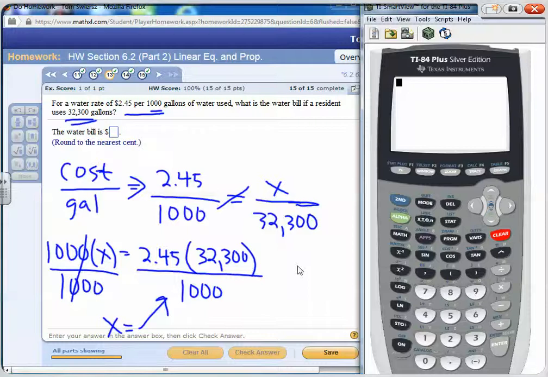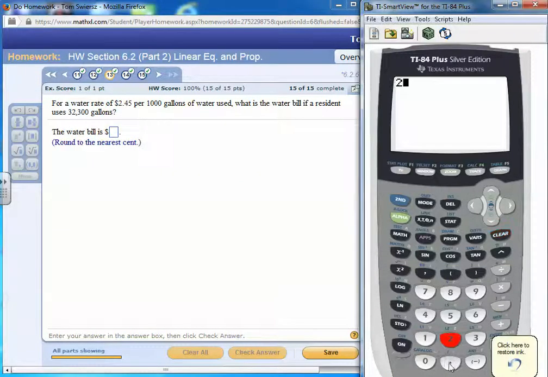We'll do that last step using the calculator. 2.45 times 32,300 divided by 1,000, and round to the nearest cent.